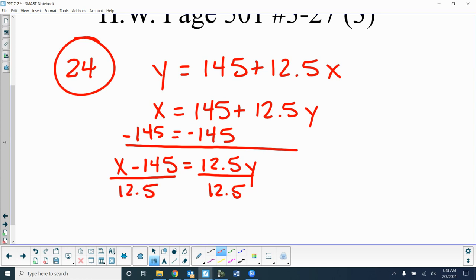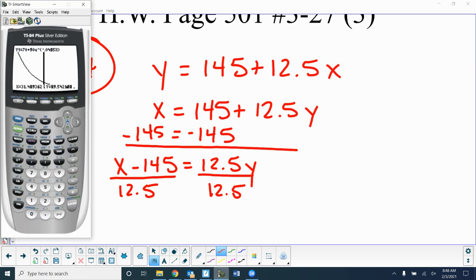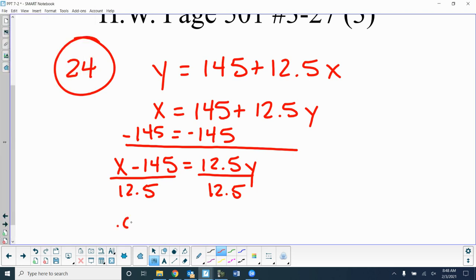Okay, so if you left it like that, that's okay. If you divide it out, it's 1 divided by 12.5, which is 0.08. So that's where that came from.